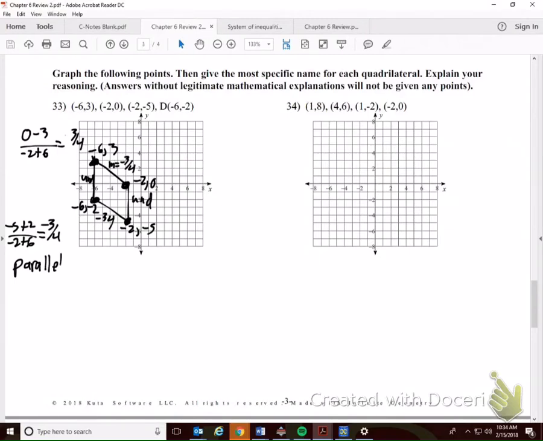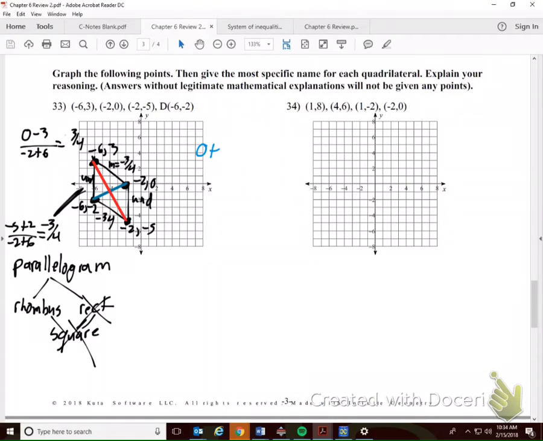Now we need to figure out whether or not it is a rhombus. So it can either be a rhombus, a rectangle, or it can be both. So we know that it's not a square. How do we know it's not a square? Because we're looking at it, we know it's not a rectangle. How do we know it's not a rectangle?